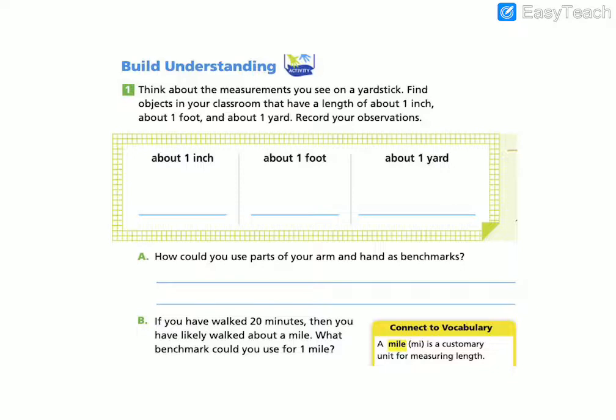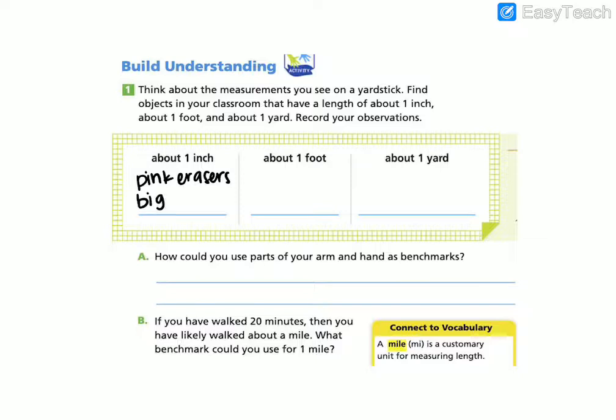So let's think about something that is about 1 inch near you. On your desk or your table, you might have some things to do your schoolwork with. Some of those things that might be about 1 inch would be one of those pink erasers. That'll be about 1 inch.